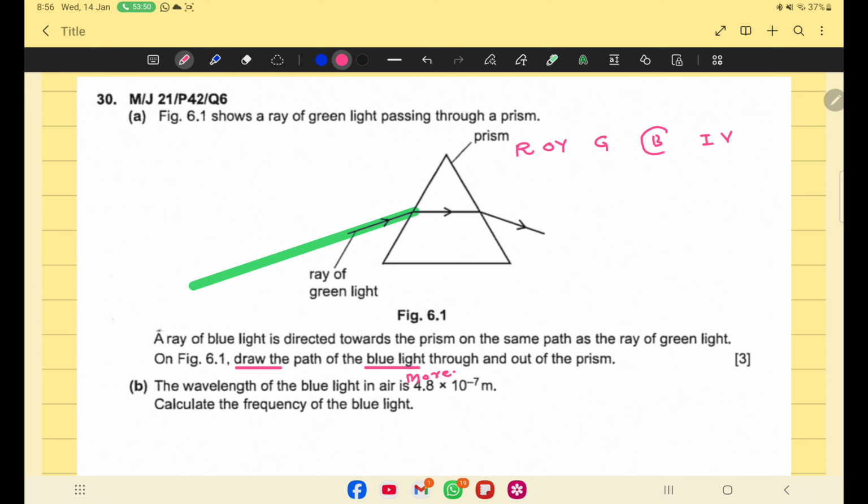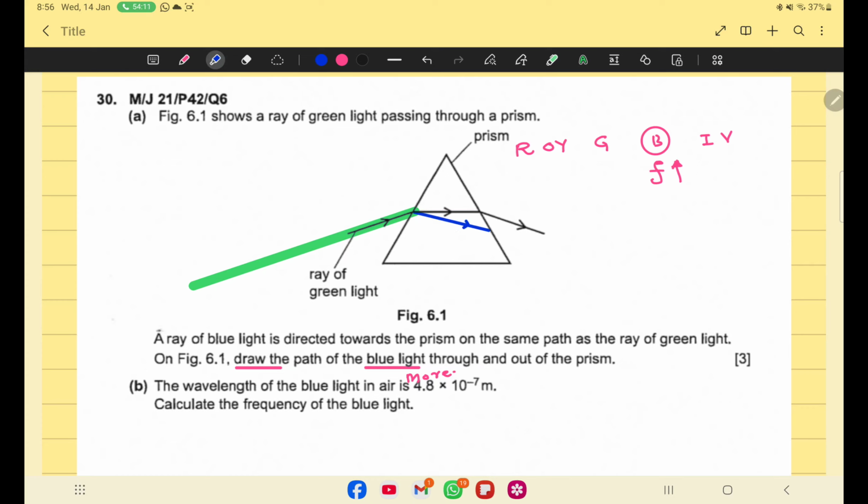You are right. So the frequency of blue color is high. If the blue color frequency is high, then it will bend more. And if it will bend more, then this is the path of green, but this is the path of blue.